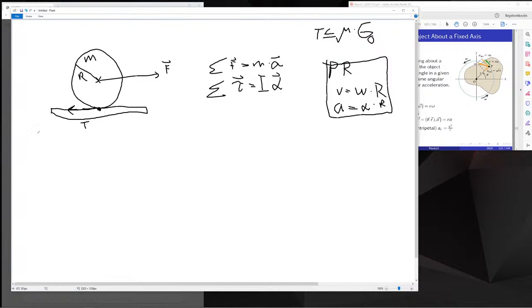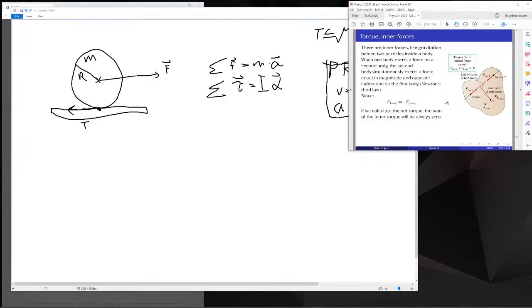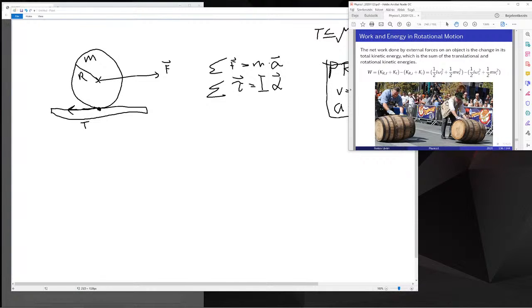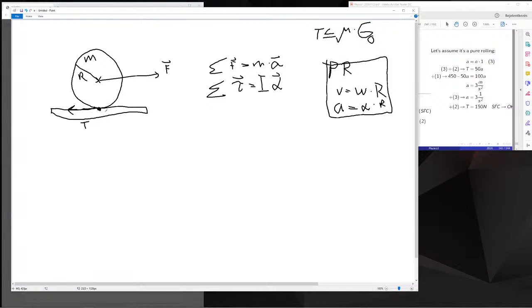Alright, here we have all the equations we need to solve the example. Let's see some numbers. R is 1, m is 100 kilograms, force is 450 Newtons, and mu equals 0.6.